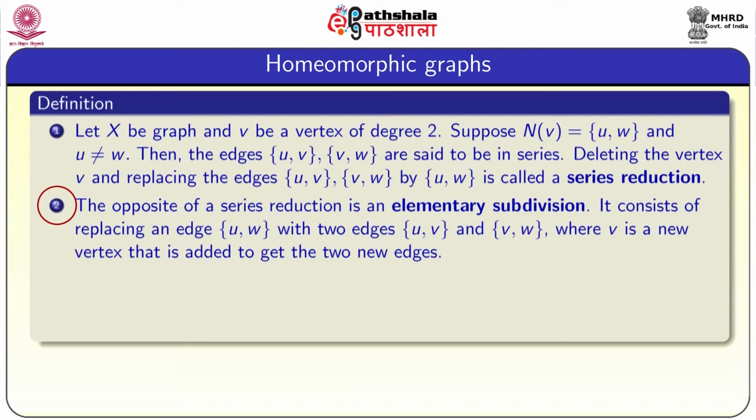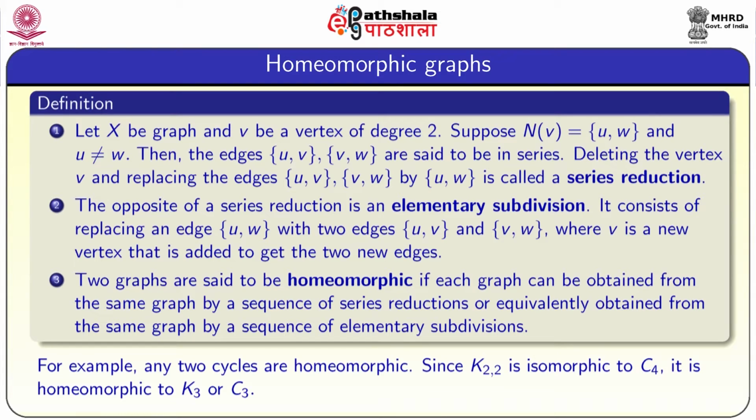The opposite of series reduction is an elementary subdivision. It consists of replacing an edge uw with two edges uv and vw, where v is a new vertex that is added to get two new edges.